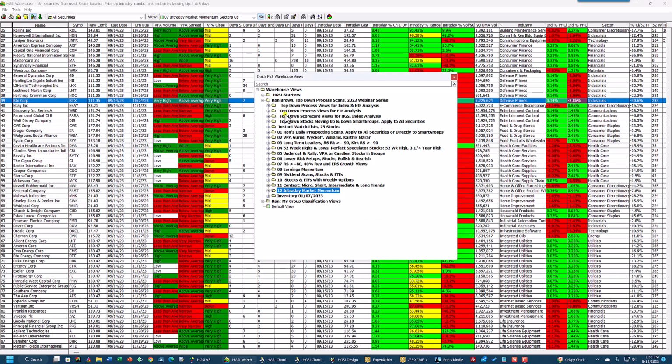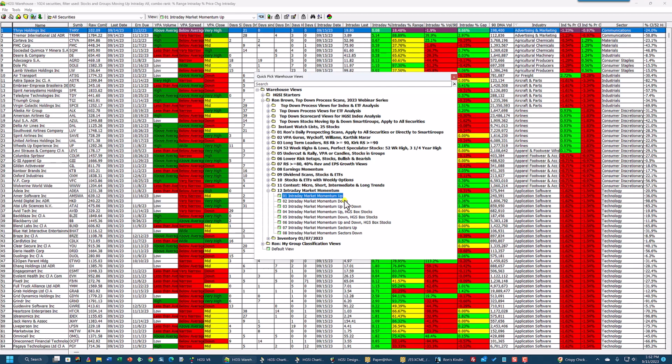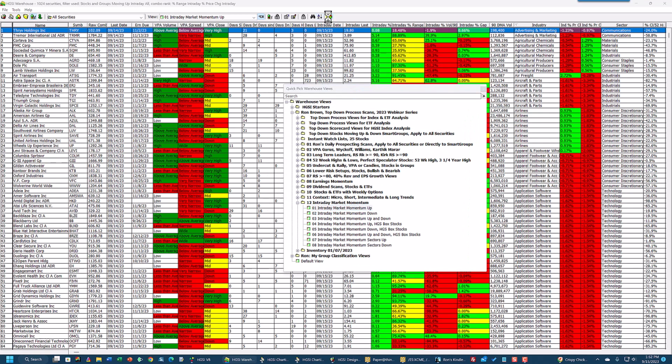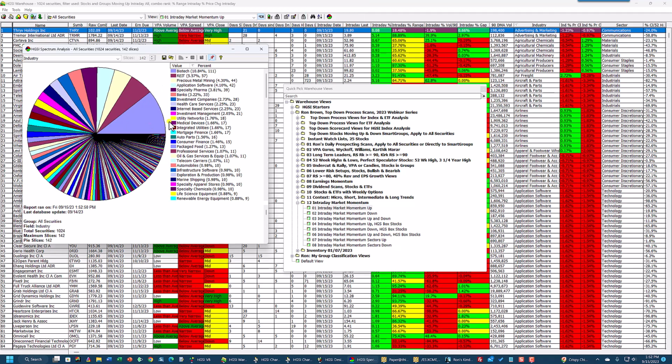Now, I'm in folder number 12. It's the 2023 webinar series, and I'm going to open up the folder. I'm in all securities. This is intraday market momentum up. These are all stocks which are assigned to groups, and if I bring the spectrum analyzer up, you can see a breakdown of these stocks.